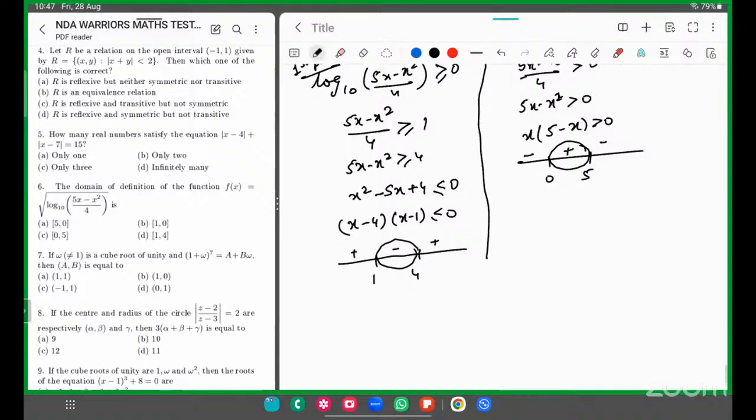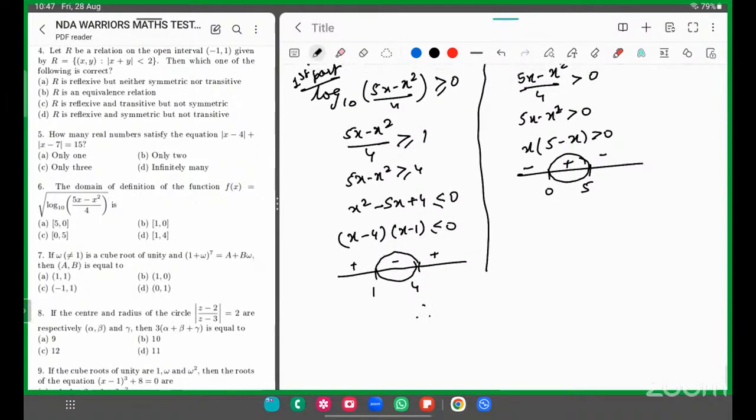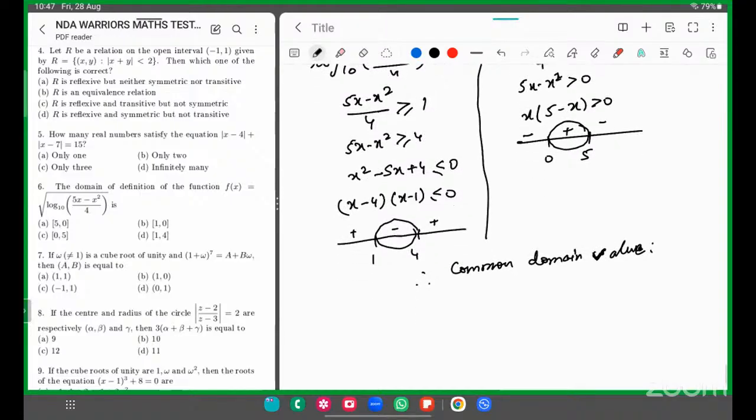Combining both, the common domain value will be equal to, we'll put a single number line. All the numbers will be put here: 0, 1, 4, 5.